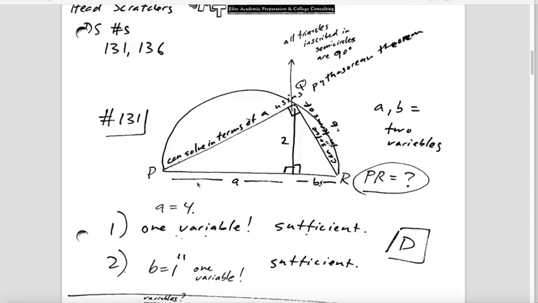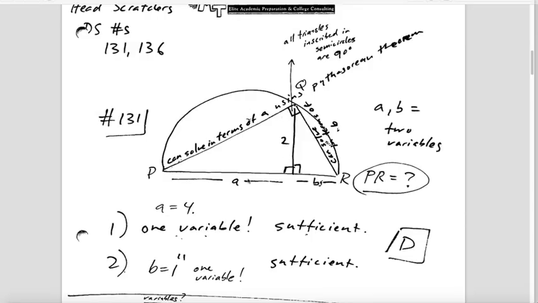Now, a lot of you might say, well, that's not sufficient, right? Because if you know only A, then it appears that you can only solve for the hypotenuse of this triangle here. By the way, obviously, there's 3 triangles here. There's this medium triangle, there's the small triangle adjacent, and then there's the large triangle, which is the whole thing inscribed in the semicircle.